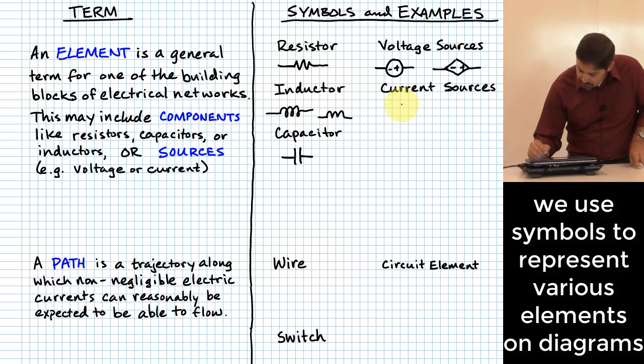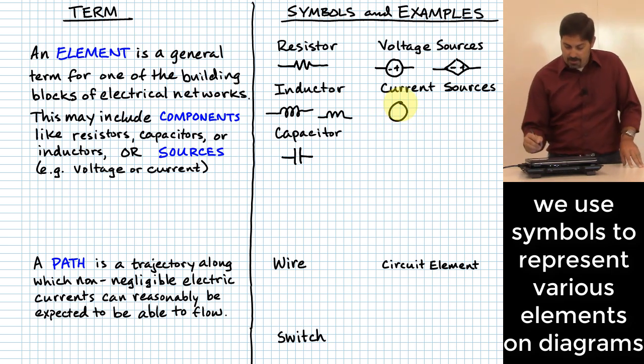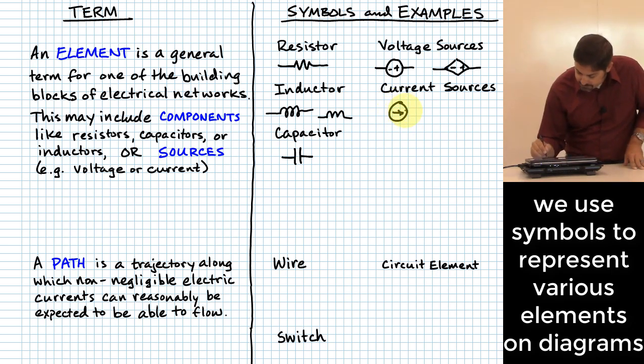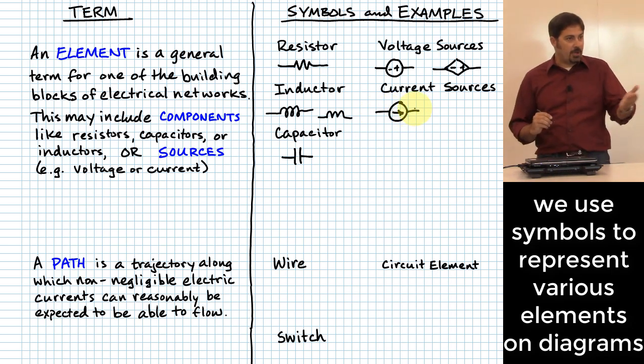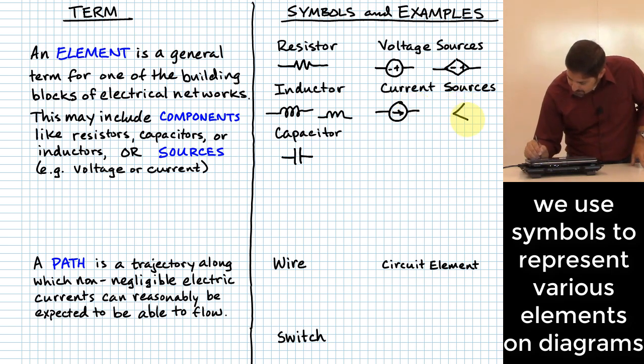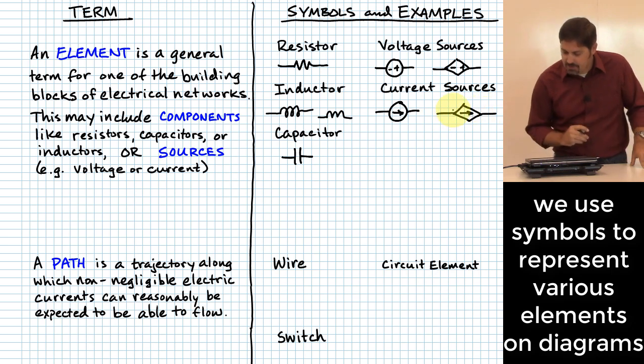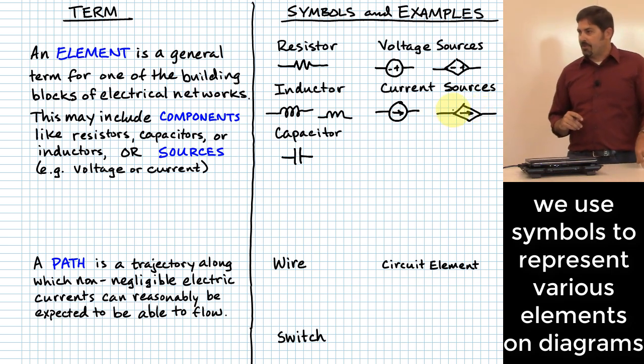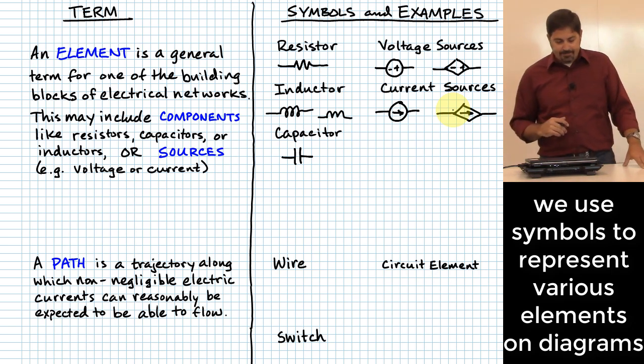Current sources look very similar as far as the diagrams that we draw. They have a little arrow that points the direction that the current is said to be flowing in that device. And we can also have another type, and I will get into the details of when you would use one of these symbols versus the other, but these are a couple of examples of what these things might look like.